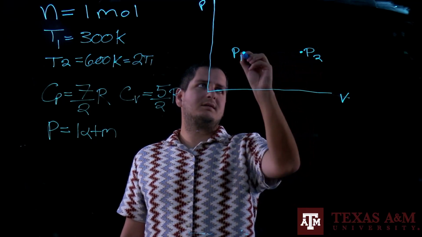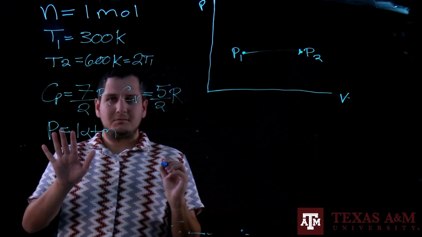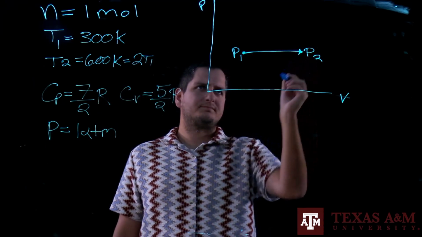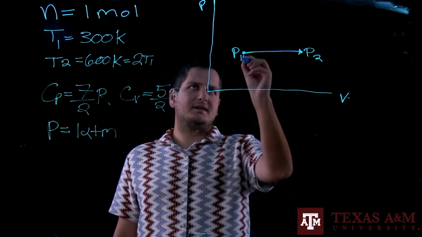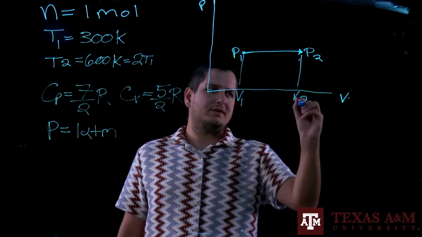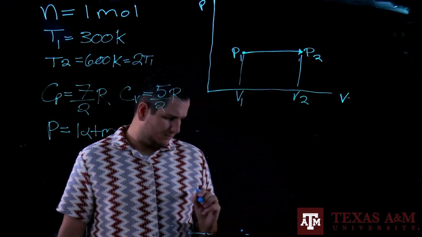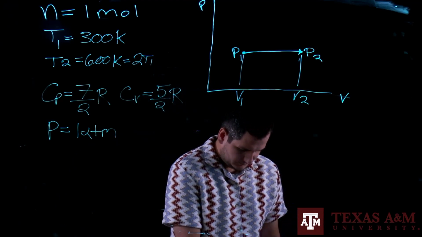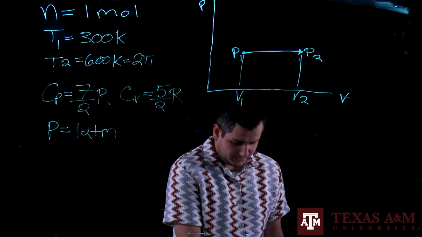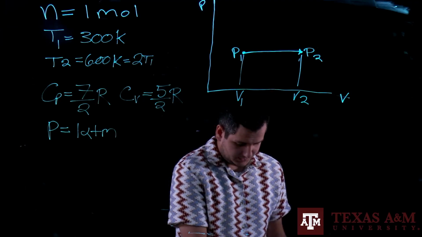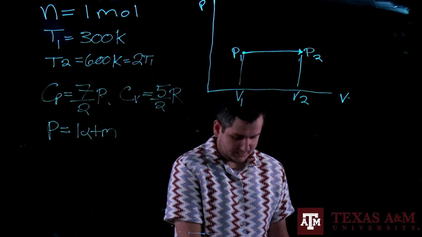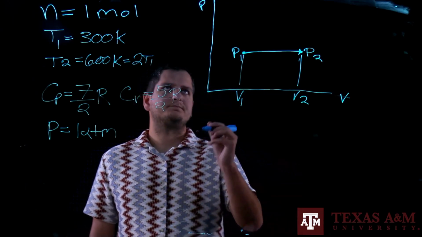But P is constant, right? So that's why we have this here. That means there is a V1 and V2, right? And what are we asked? We're asked for Q, internal energy change, enthalpy change, I should say that. And yes, okay, so let's get started.